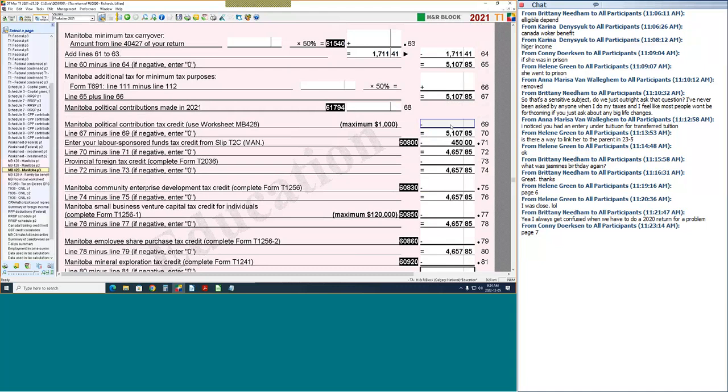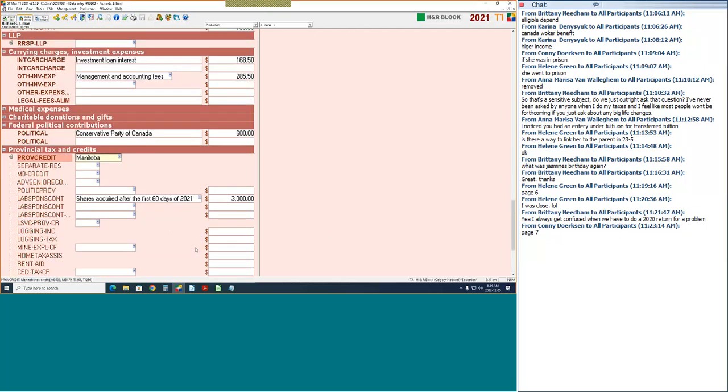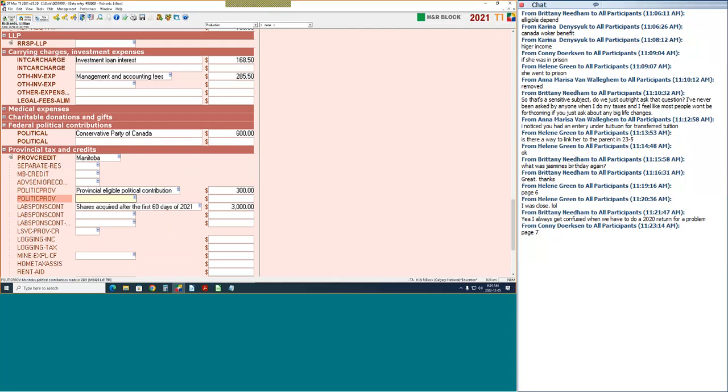She made a $300 contribution to the Conservative Provincial Party, so the Manitoba Conservatives. So again, data entry, if it's provincial, you should be looking in your provincial credit section. If I go down far enough, you're going to find Politic Prov, political contributions, provincial donations. And in this case, we don't enter the party because there's nowhere to put it. We're just going to say $300.